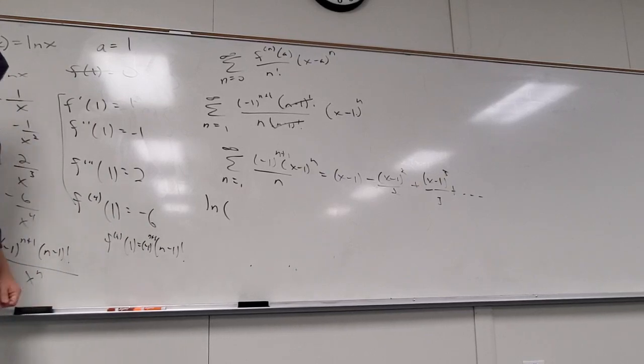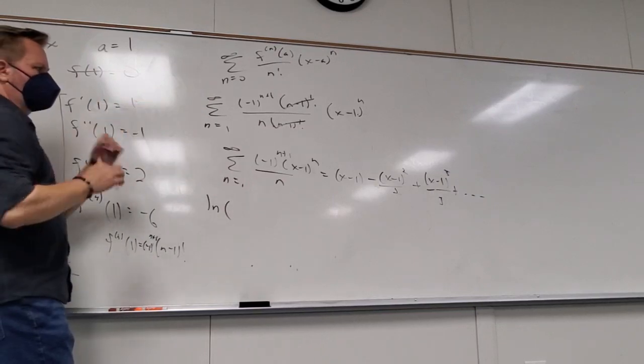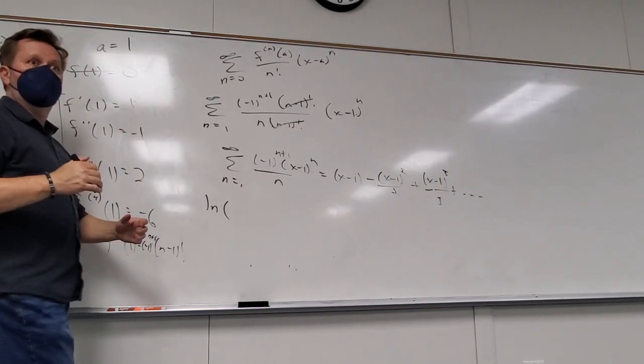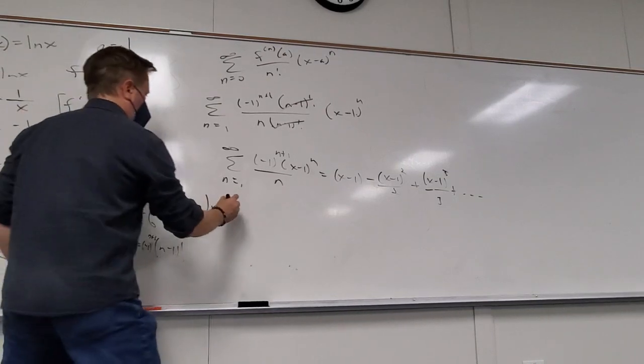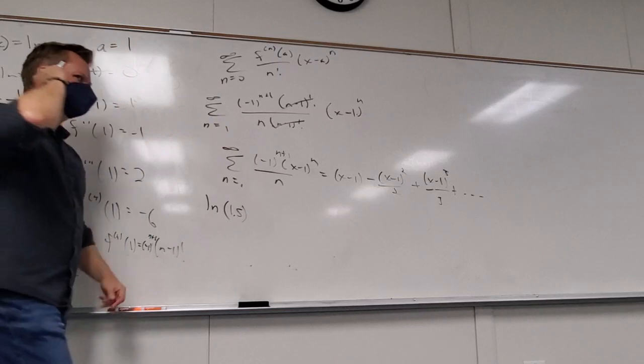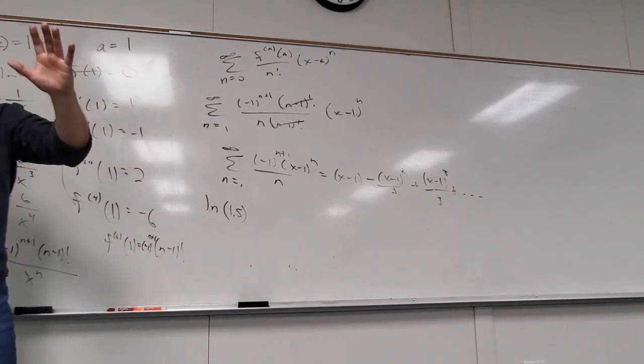Somebody give me one that's different from 1 that might be good to try. 1.5, sure. 1.5 is relatively far away from 1, so if we only use 3 terms, we might not get a great approximation, but let's see how close we get.